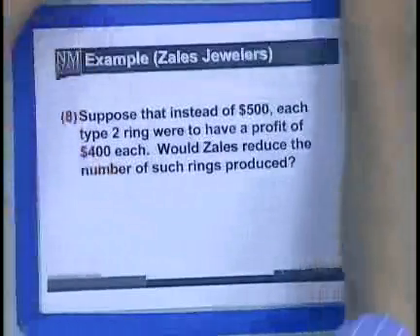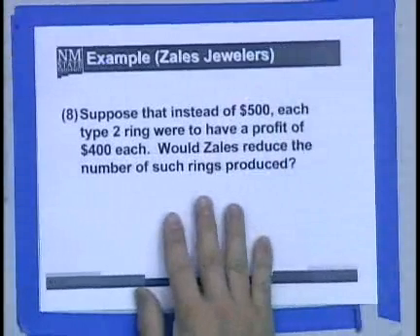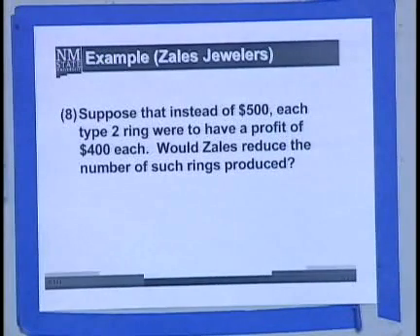Then what about question number 8? Suppose that instead of $500, each type 2 ring were to have a profit of $400 each. Would Jewelers reduce the number of such rings produced?